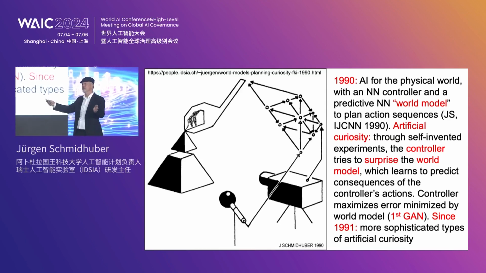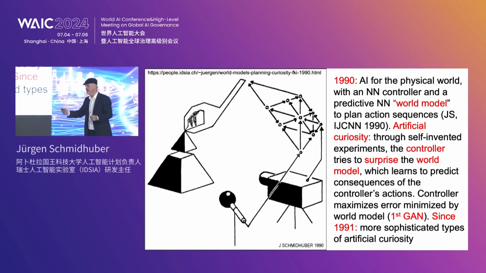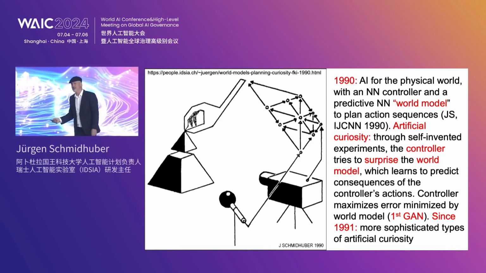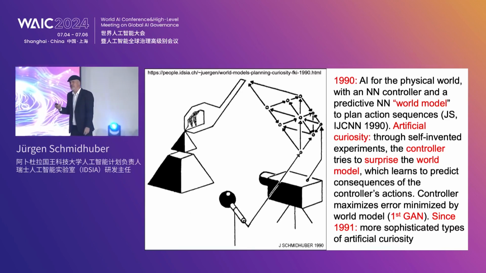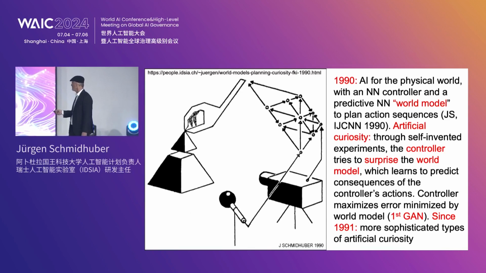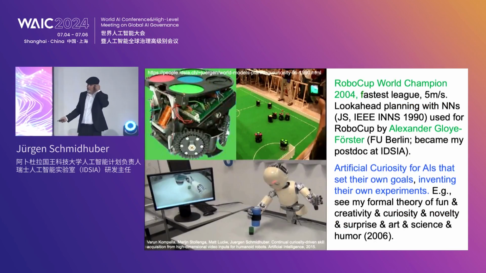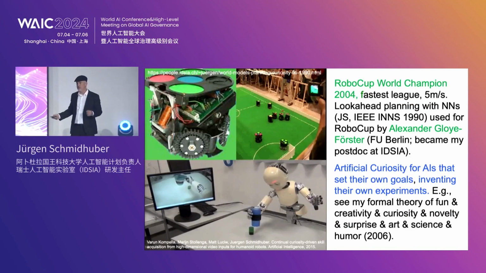So we have something that is now called a generative adversarial network, a GAN. And you can use it to build robots that set themselves their own goals through artificial curiosity. That's how I called it back then, artificial curiosity. And then we had all kinds of applications through the decades with real robots of these concepts.